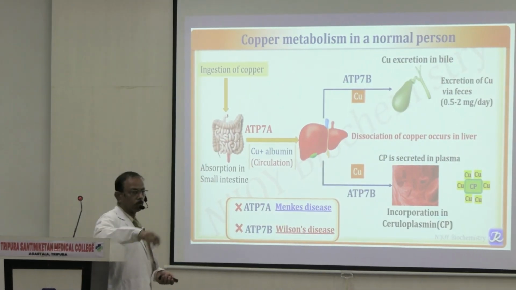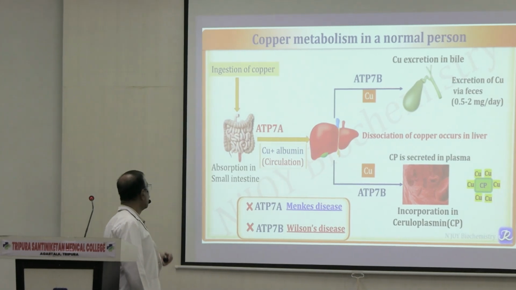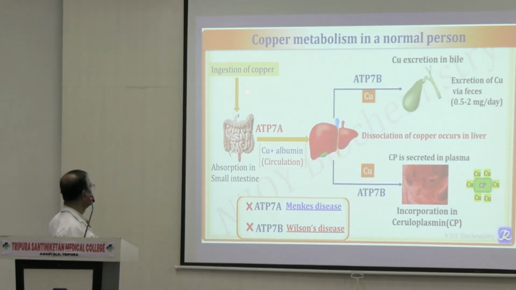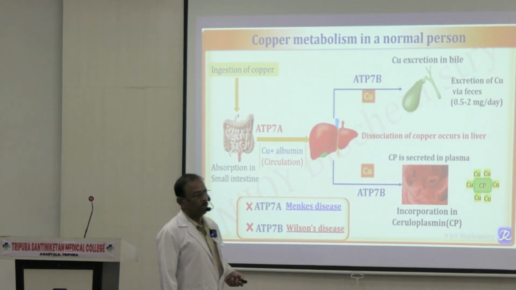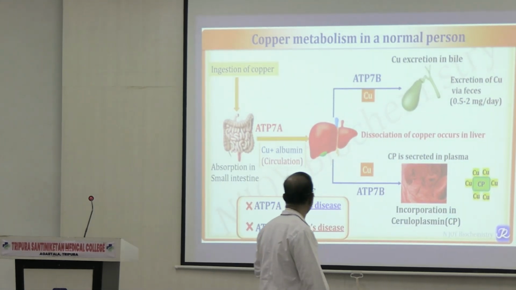Copper metabolism in a normal person. After ingestion, copper is absorbed in the duodenum, small intestine.